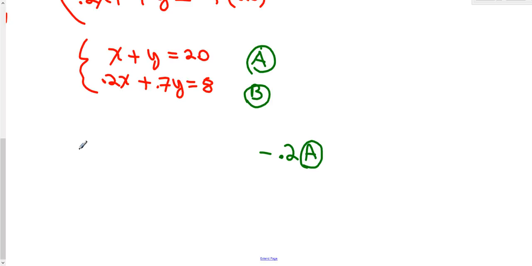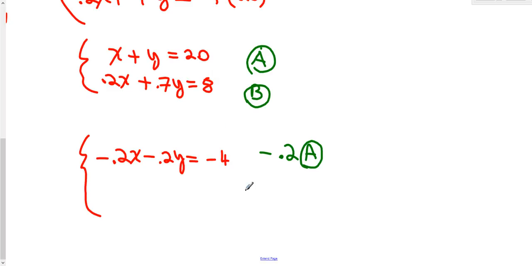So here's what my new system is going to look like. Negative 0.2 times equation A is negative 0.2x, and then negative 0.2 times y is negative 0.2y, and that equals negative 0.2 times 20, which is negative 4.